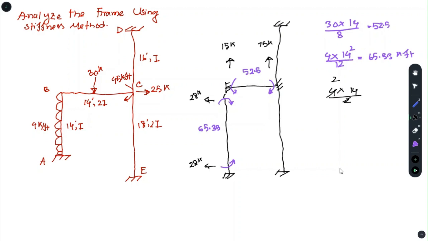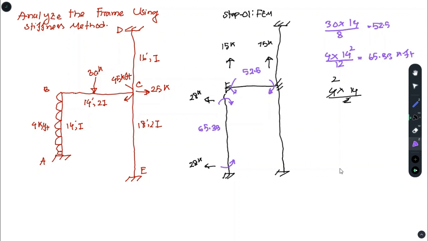So these are the fixed end moments and reactions. This was our very first step, which is to find out the fixed end moments.